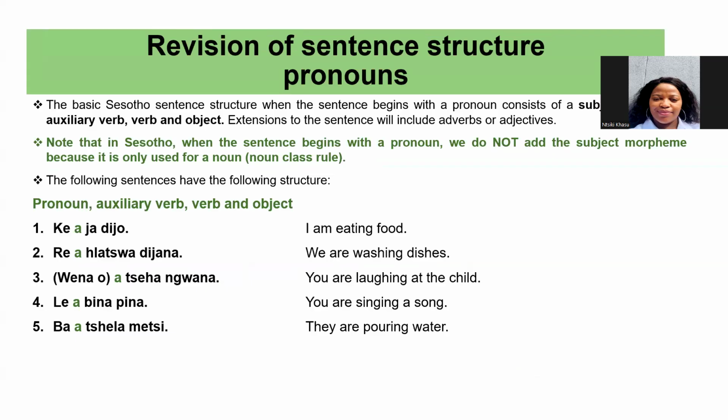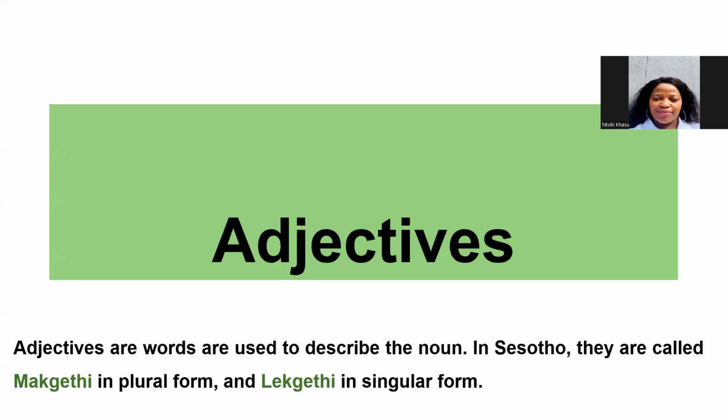So: ke a ja dijo, re a hlatswa dijana, wena o tsheha ngwana, le a bina-pina, ba tshela metsi. Those examples all begin with the pronoun, and there's no subject morpheme in those sentences because there is no subject.